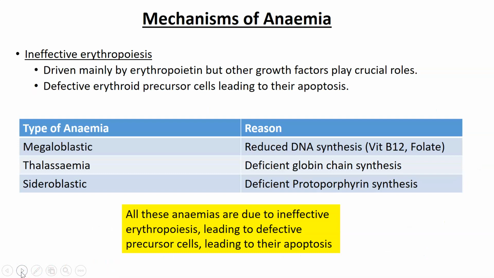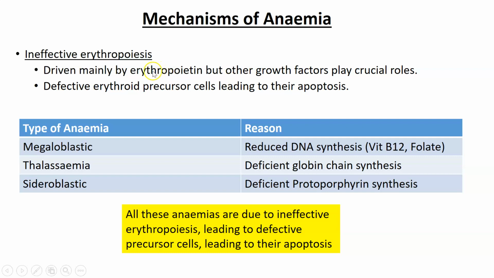So just to summarize there then. Ineffective erythropoiesis is driven mainly by erythropoietin, but other growth factors play crucial roles. I mention that because I've talked about erythropoietin, but you must remember there are other molecules that interact with erythropoietin, which also ensure that we're getting the right amount of erythropoiesis.